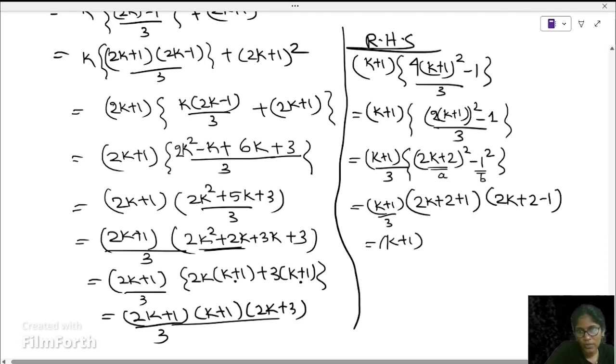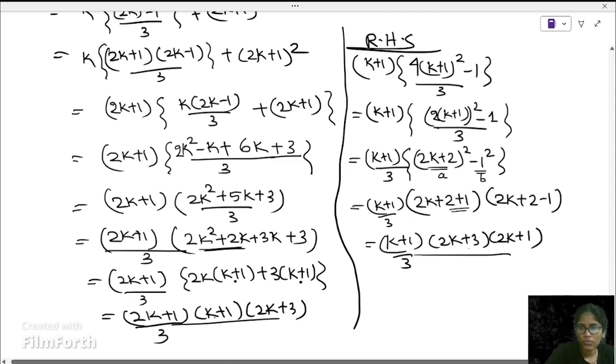That means k plus 1 by 3 into 2k plus 3 into 2k plus 1, 2 minus 1 equal to 1. Here 2 plus 1 is 3, 2 minus 1 is 1. Now to check left hand side, k plus 1 into 2k plus 2 into 2k plus 3. Now left hand side is equal to right hand side.